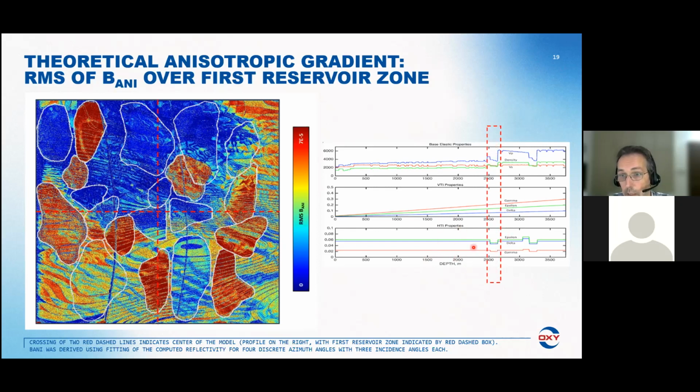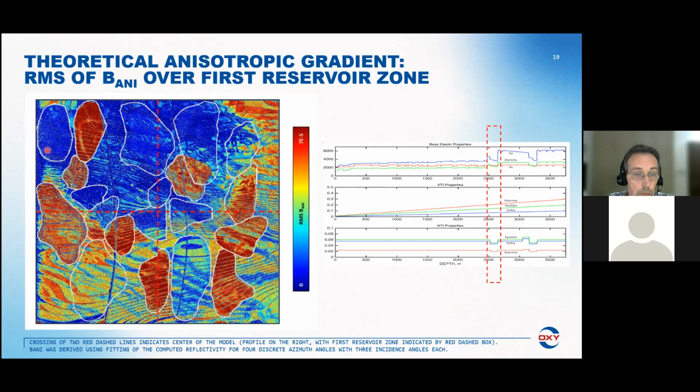Remember, these are the base elastic properties, so you still have to compute the effective matrix. So it's a little unfair to say, look, the anisotropy in the middle of the model is very small. Yes, it is small, but it is true that right here, the BANI expected is very, very low, whereas in other areas, in the red, the BANI can be very high.